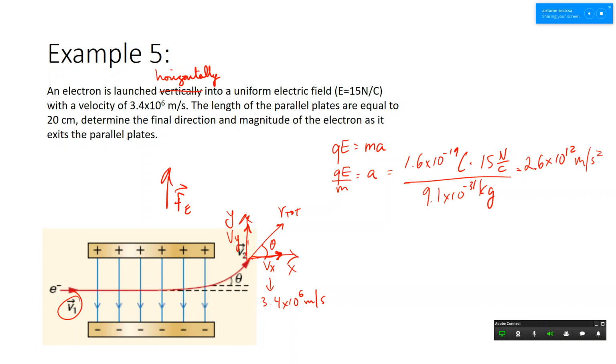I want to pose you guys a question of significant figures. How many significant figures does this have? Nope. How many? It's a constant. It's got infinity significance. Okay. How about this one? Infinity. This one? 2. Okay.